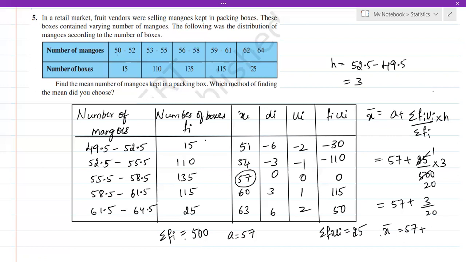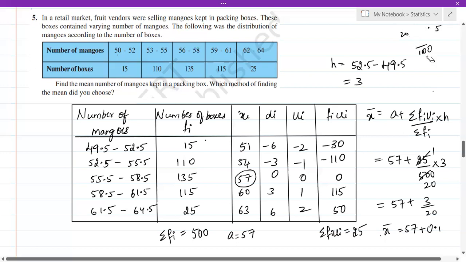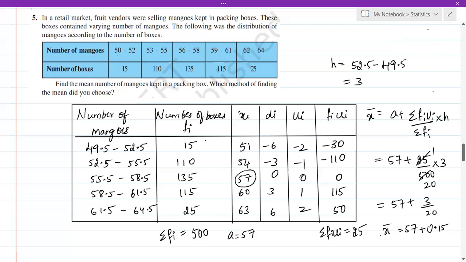If you divide 3 by 20 in the working column, you get 0.15.